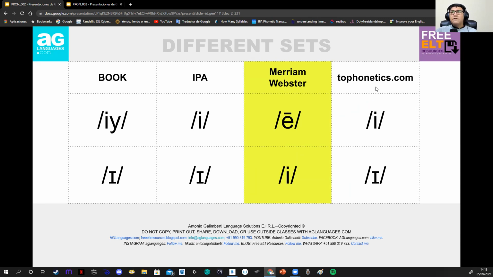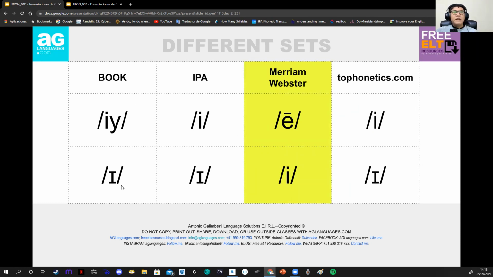And then you have Todo Phonetics, which is based on IPA, which is a lowercase I. They are the same sound, but different symbols. My advice is choose one and stick to that one. Then you can explore other phonetic symbols. It's going to be helpful, but first get used to one of them.